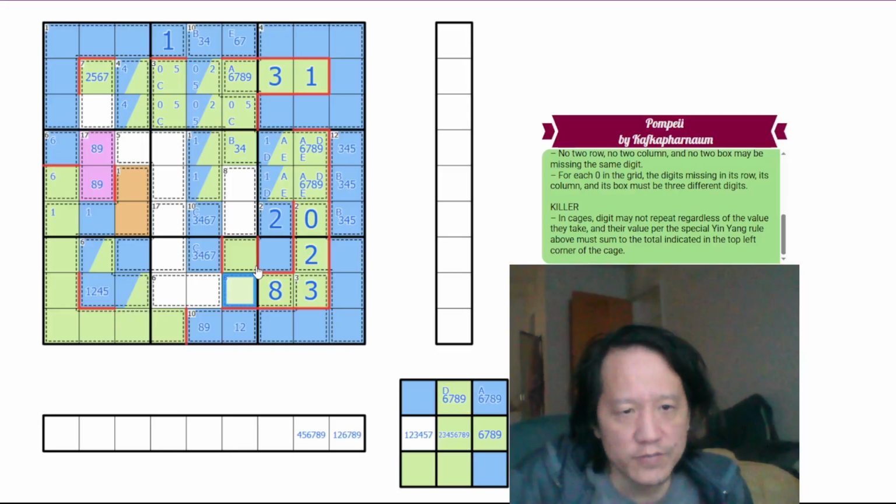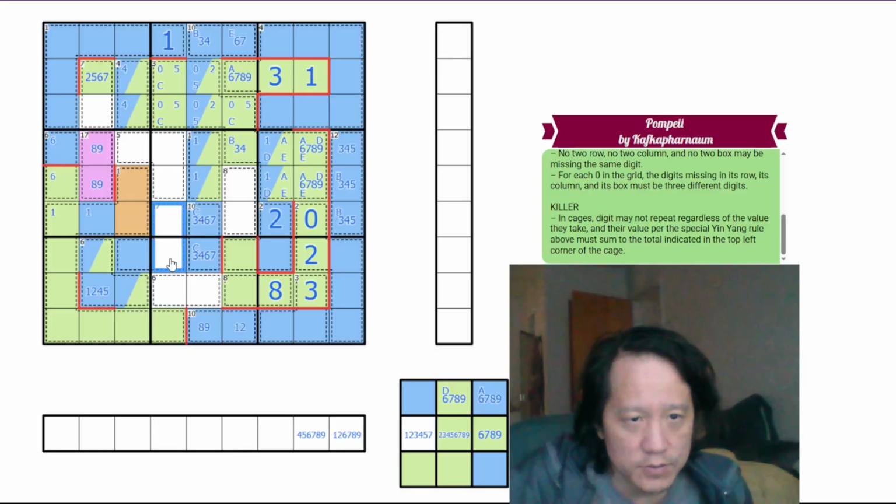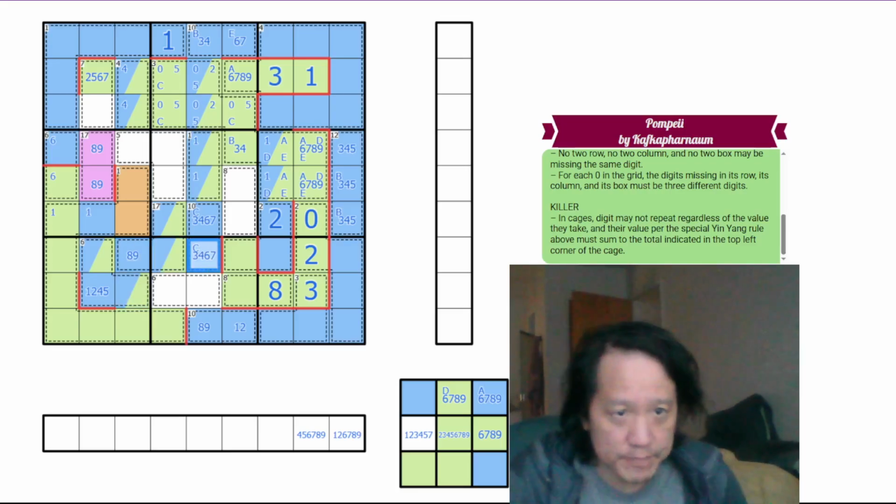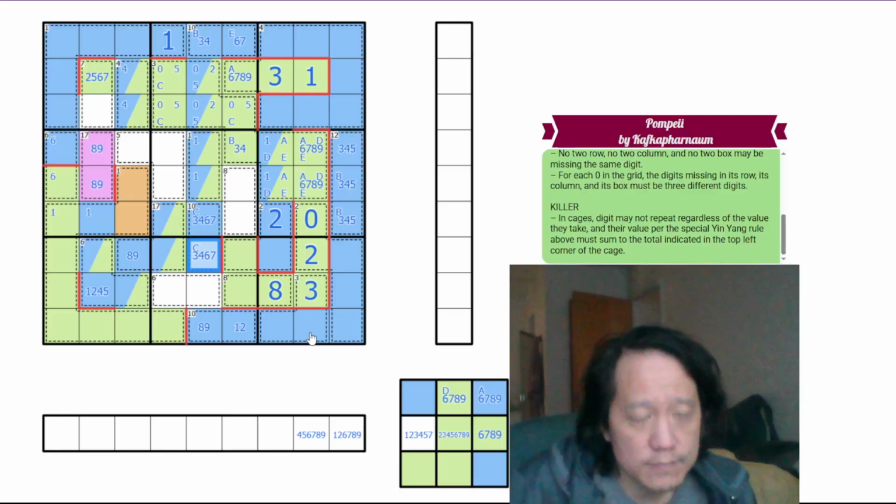Okay, because of that, we know you can't have blue and blue because this 2x2 area would be all blue then. So one of these is blue, one of these is green. Which means this is an 8-9 pair. We kind of already knew that. Let's see.